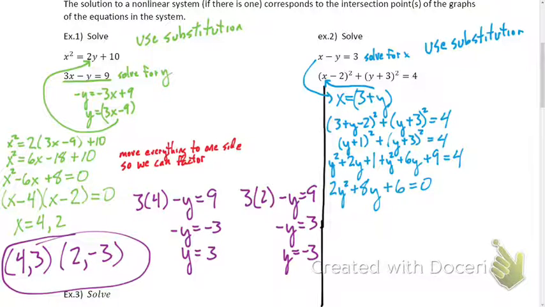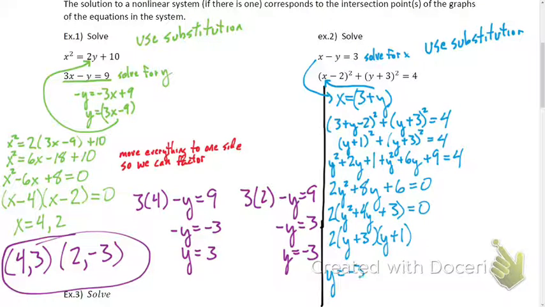We have a GCF. Let's take out a 2. So lastly, y plus 3, y plus 1. And we know y is -3 and -1. Let's plug it back into one of the equations. Let's plug it into the top.